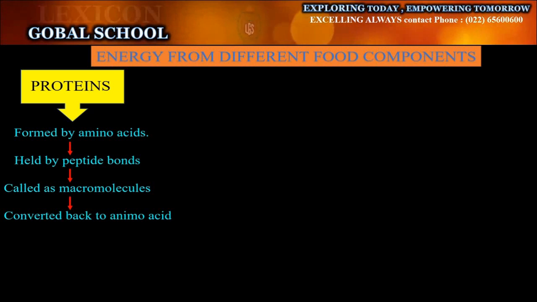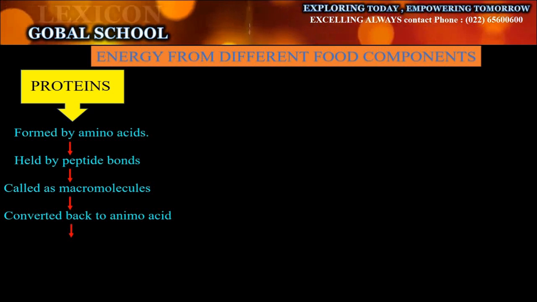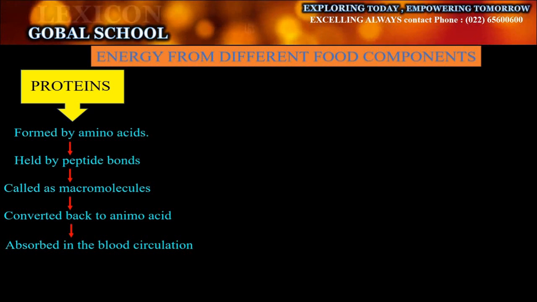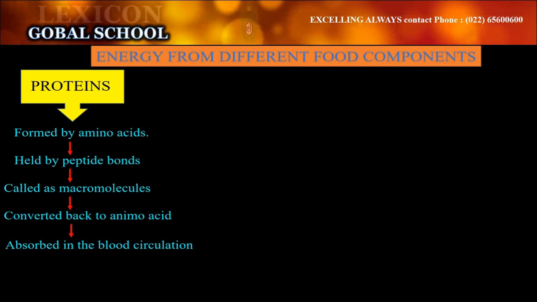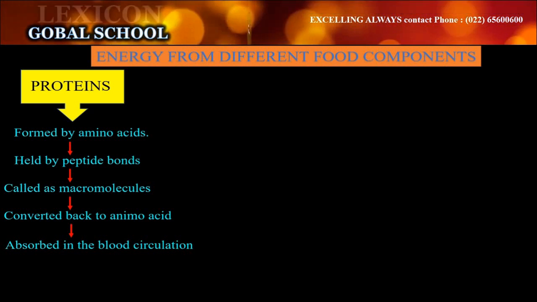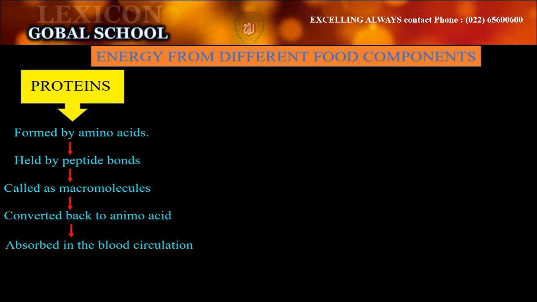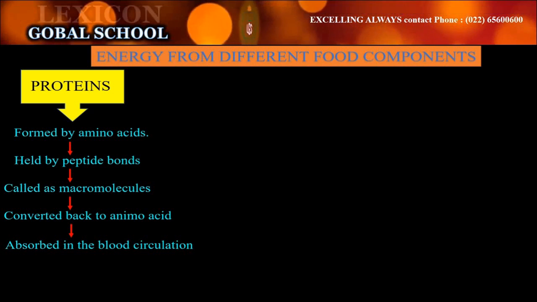Amino acids are absorbed in blood circulation and transported to every cell. As per the type of cell, the amino acids are again used for making proteins that are required by the body.